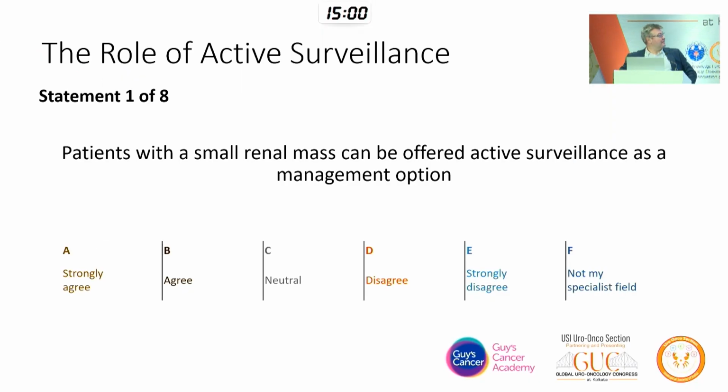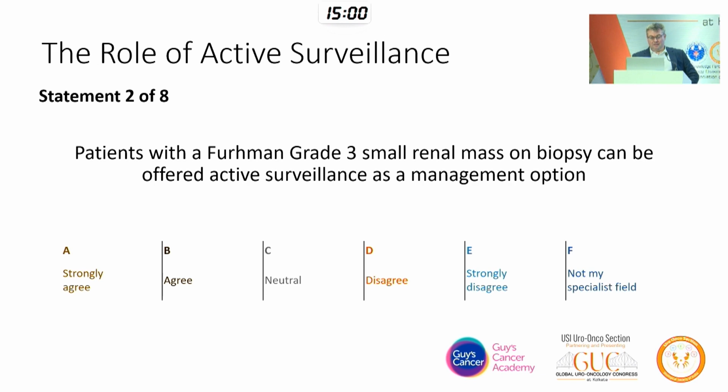And if you move on to the next question. Question 2: patients with a Fuhrman grade 3 small renal mass on biopsy can be offered active surveillance as a management option.